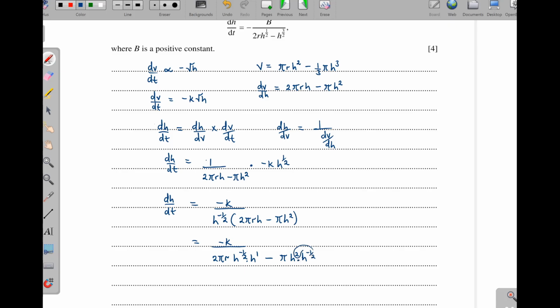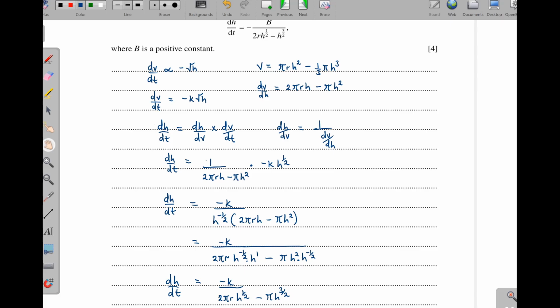Here, 2 minus a half, you are going to get 3 over 2. So we shall get negative k out of 1 minus a half, you get a half. Here we are using rules of indices. So we shall have 2 pi r h power half, then minus pi h power 3 over 2. Have we gotten the denominator? Yes. That is dh/dt.